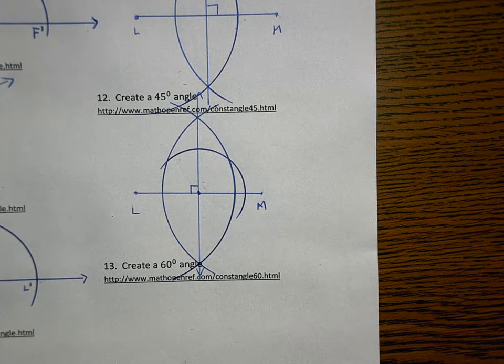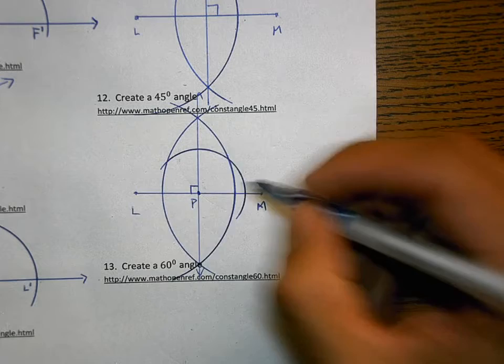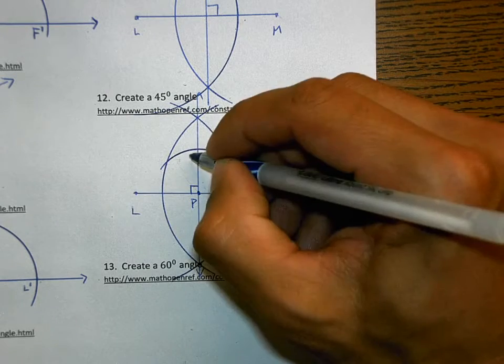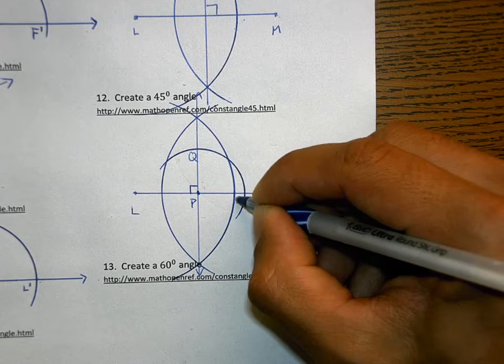Let's call these 2 intersections some letters. Let's label these things. I have P is here, L, M, N, O, P, Q will be right there, and R will be right there.